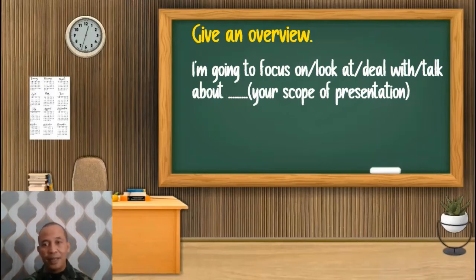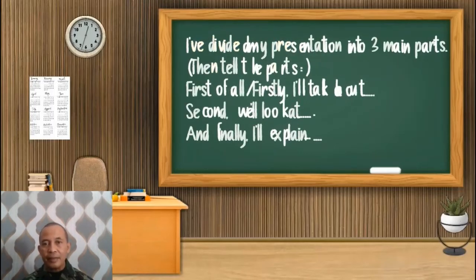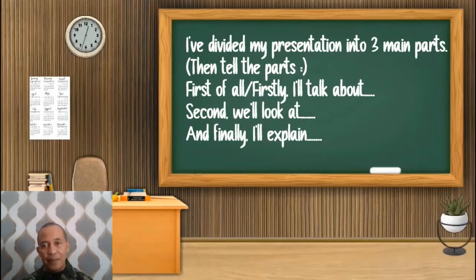You don't have to worry. You can use any of the words that you like, or you can say like this: I've divided my presentation into three main parts, for example. It really depends. If you only have three, then let's say three. I give you the example whenever you have three scopes.